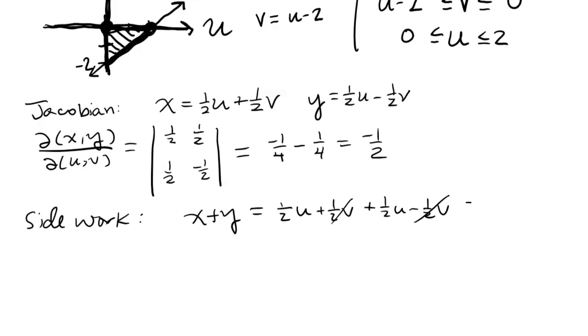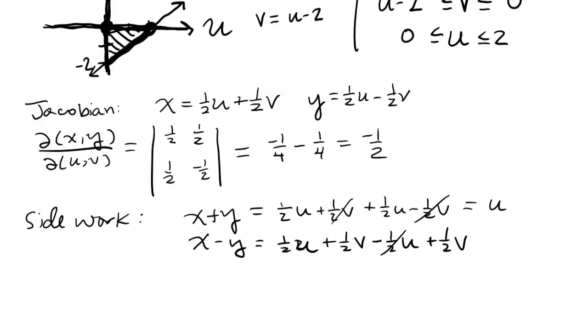So the 1/2 v's cancel and the u's add up to just a u. And then x minus y is going to be 1/2 u plus 1/2 v, and then minus y, so it'll be -1/2 u plus 1/2 v. So now the u's cancel, so we're left with a v.